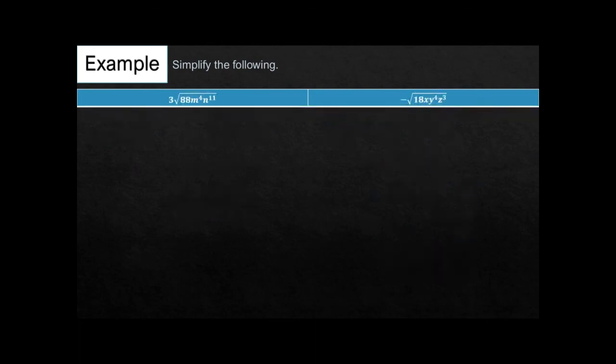Okay. Now these are my last two. And of course, they're more complicated. So on the left, we have 3 outside the square root. Then we have the square root of, and all of this is inside, 88, n to the 4th, n to the 11th.